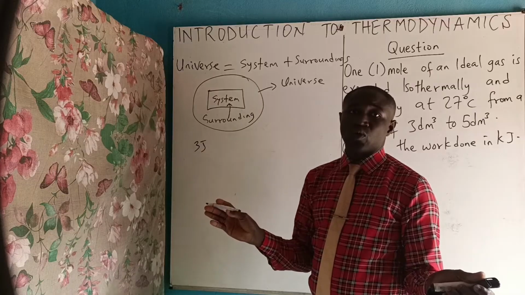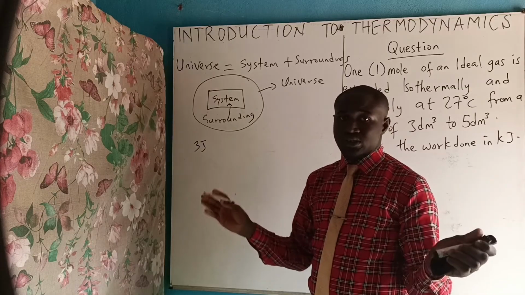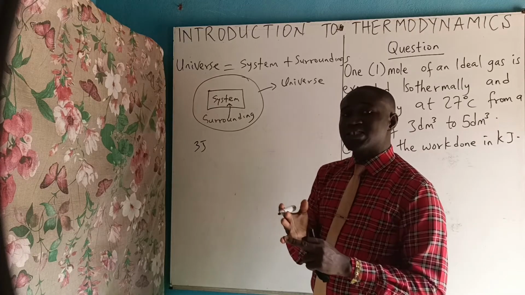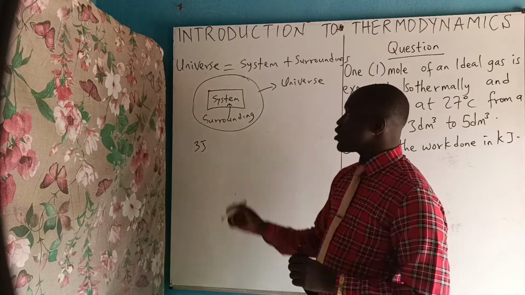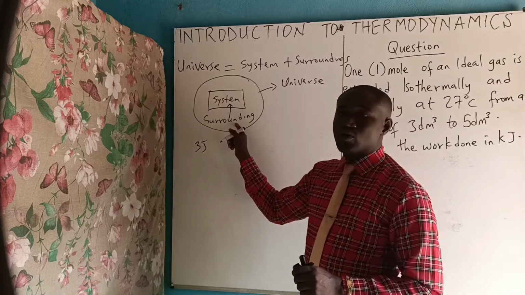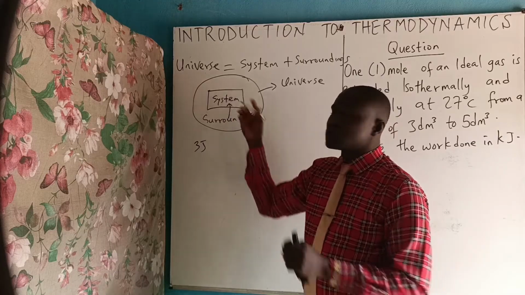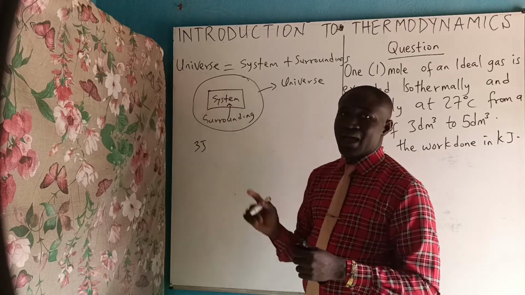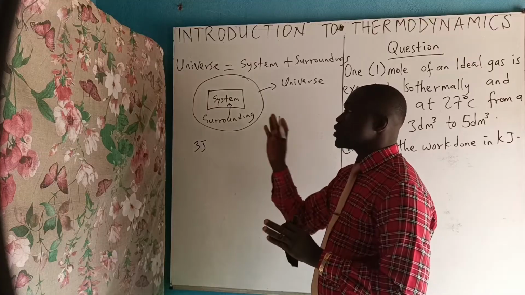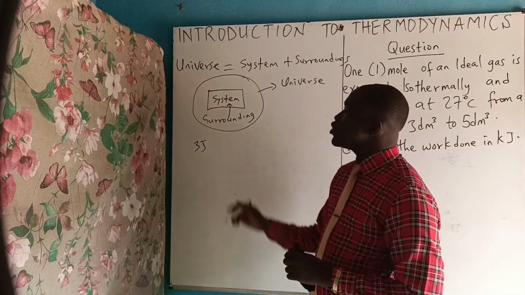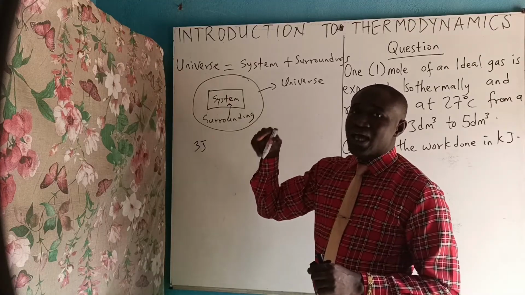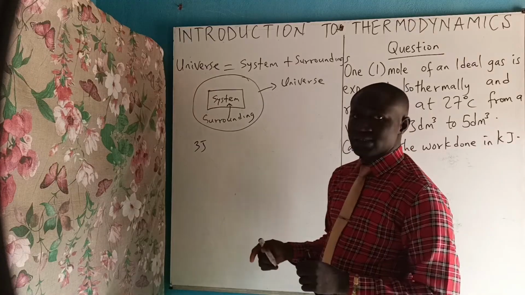And so nothing is created, or nothing is destroyed. No energy is created, no energy is destroyed, because the energy that is meant to be destroyed from the surrounding was gained by the system. And so it was useful there. So it was not destroyed. So you neither create energy nor destroy it.